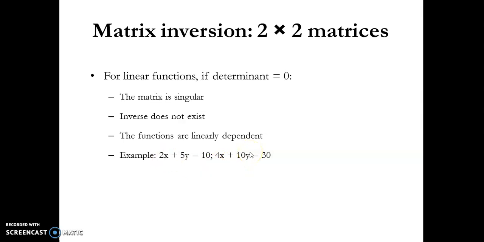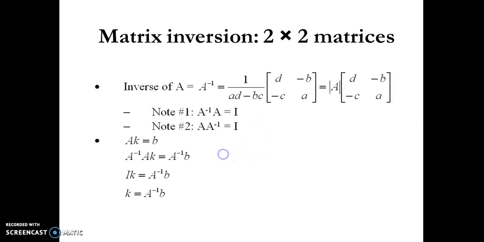If the determinant is equal to 0, we will find that the system of linear equations does not possess a unique solution. There could be a situation where there are infinitely many solutions or no solution at all. And that is what it means if the determinant is equal to 0.